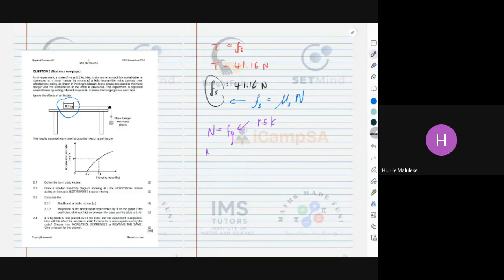So what we're going to do is say normal force equals mg, which equals, what is m? 8.5 times 9.8. So then our normal force would be this. What's the answer?